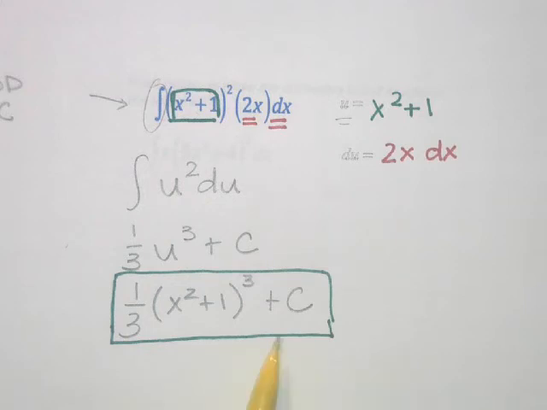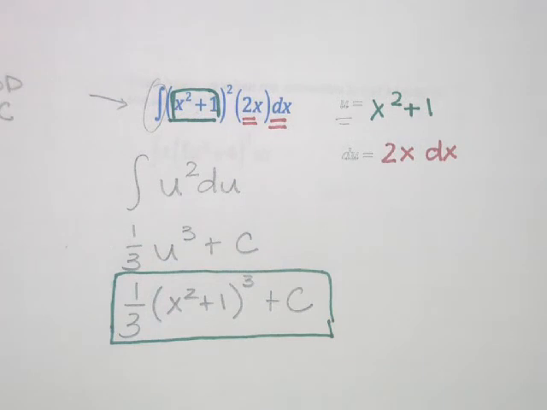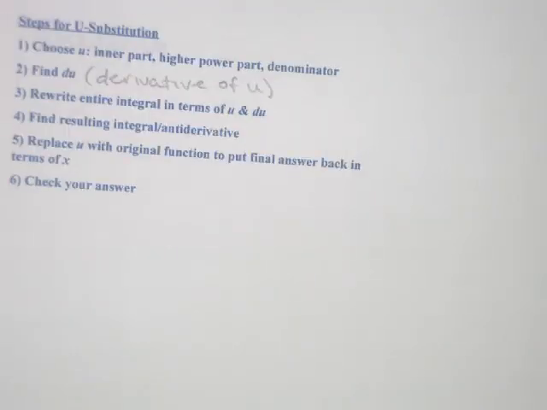And then if you wanted to do chain rule on this, that's fine. You can try chain rule off to the side. It will lead you right back to the integral that we were looking for. Okay, let's try another one.